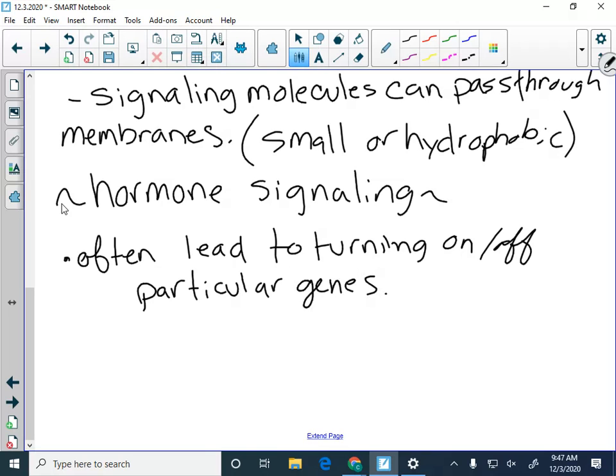So while they are not as common as our membrane receptors, they do carry important functions through the cell, being able to turn genes on and off.